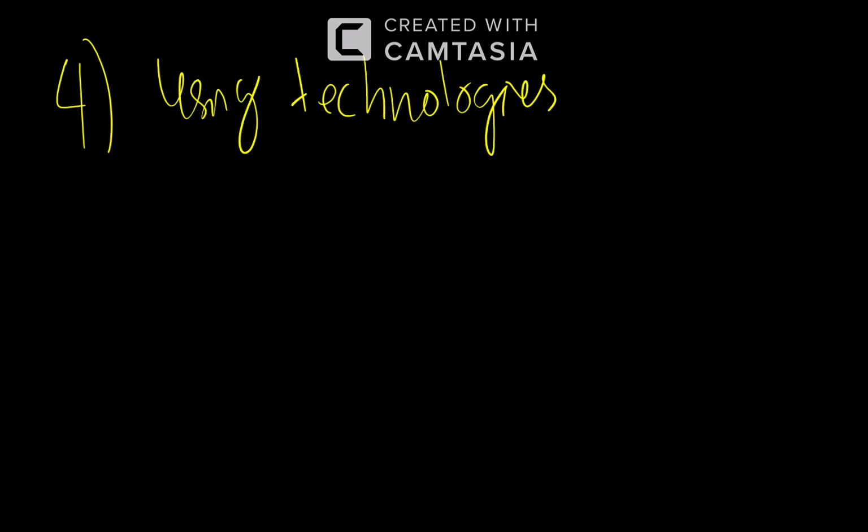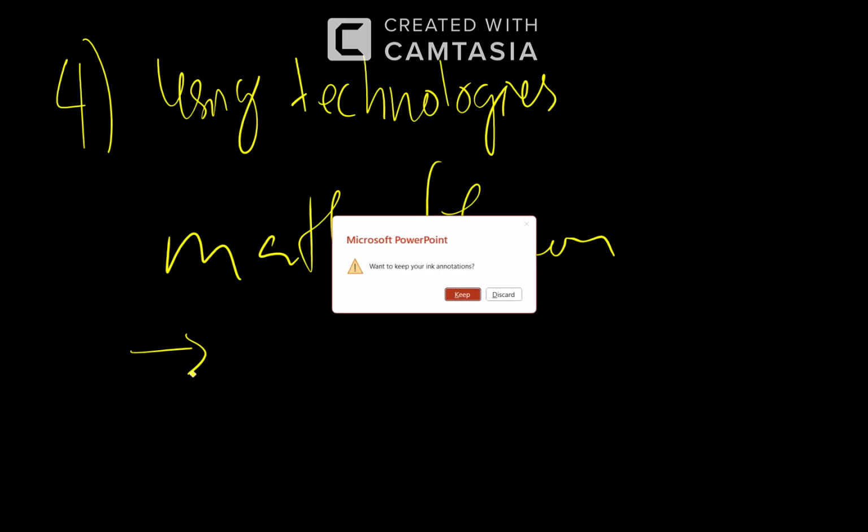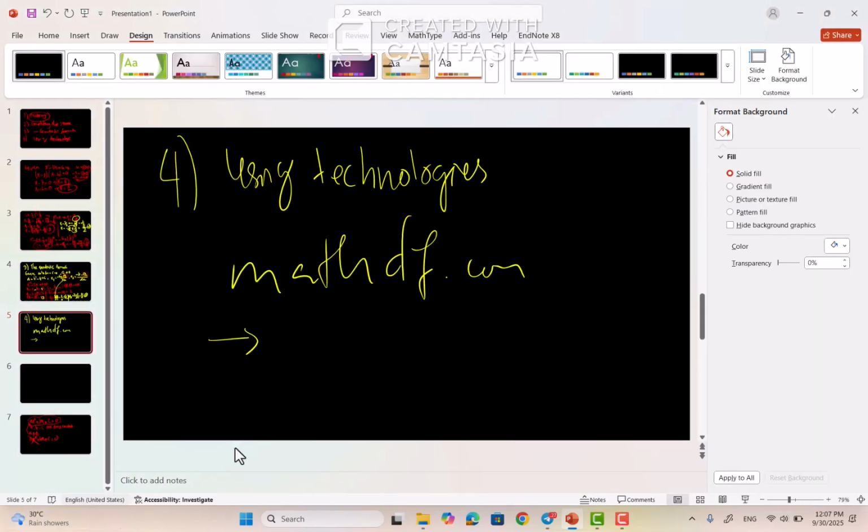There are many tools and websites, or you can use AI or a calculator, but I just give you one example website, mathsdf.com, to solve the quadratic equation. Other websites you can find too. So now let's practice all together.